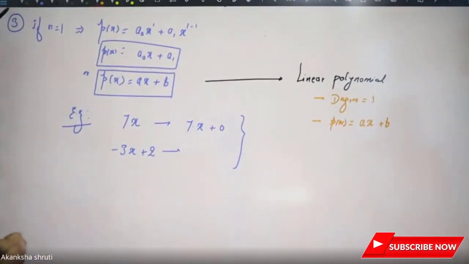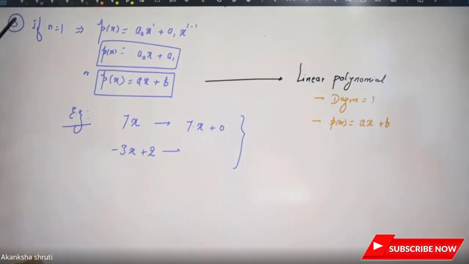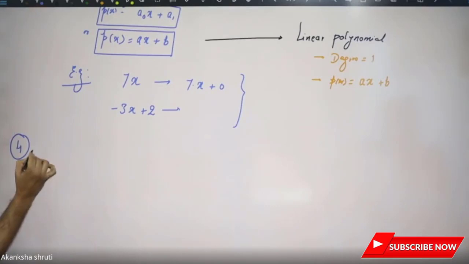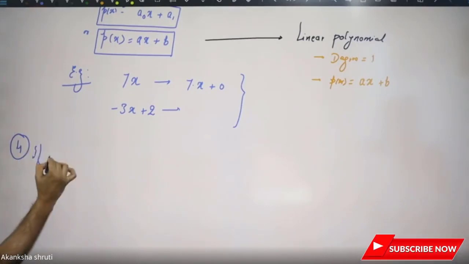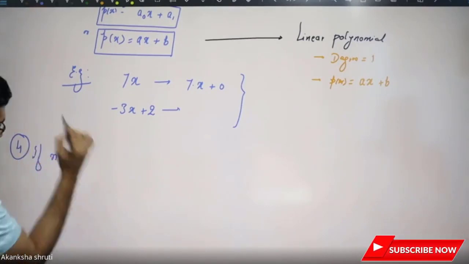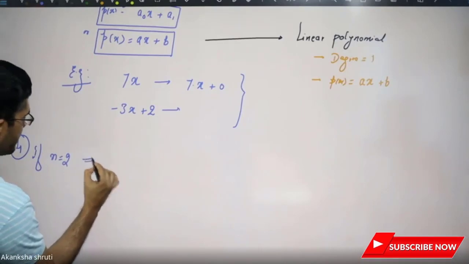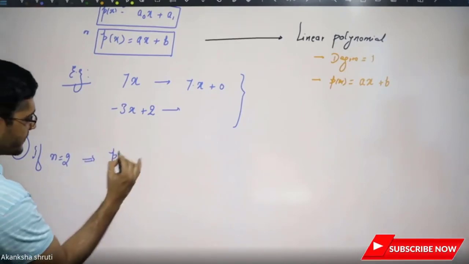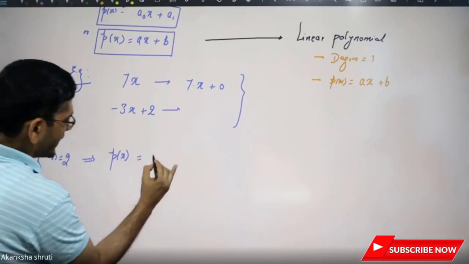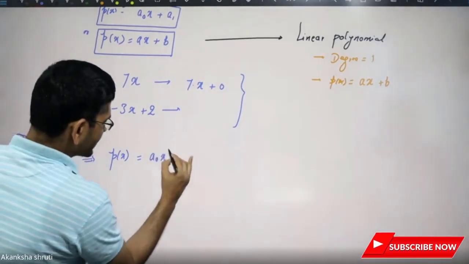Keep in mind, students. Now let us come to the fourth category, if we choose the n value as 2. So how does the polynomial p(x) become? Students, it becomes a0 x squared.